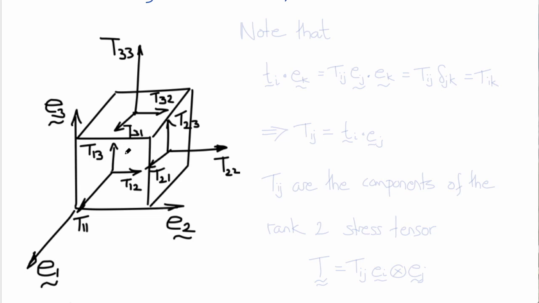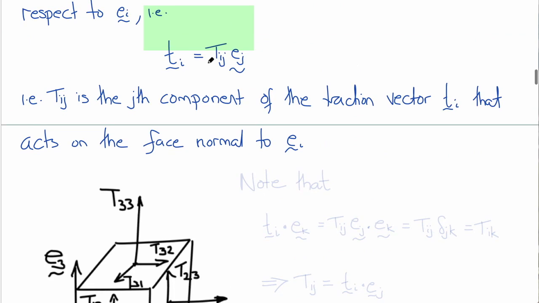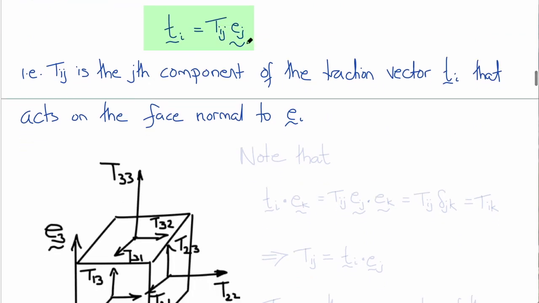Now let's go back to our expression where we defined these stress components in this way, and take the dot product of it with e_k. So now we get T_i dot e_k equals T_ij e_j dot e_k.